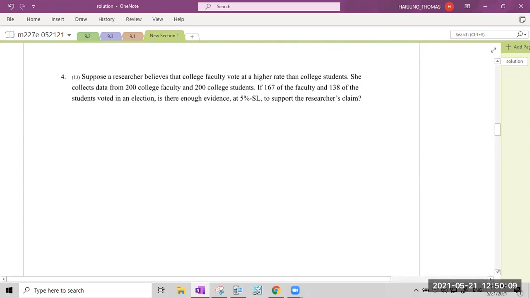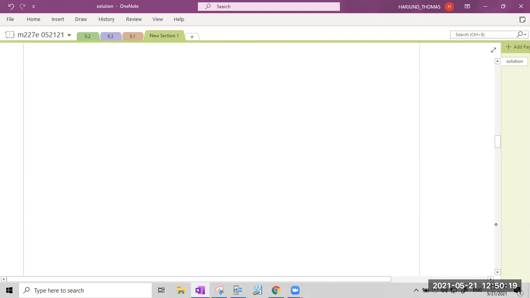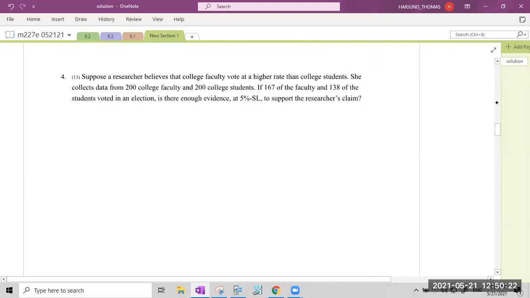Number 4. Suppose a researcher believes that college faculty vote at a higher rate than college students. Yeah, that's the only question for this page 3. She collects data from 200 college faculty. So sample size is 200. Oh, that's for the college faculty.